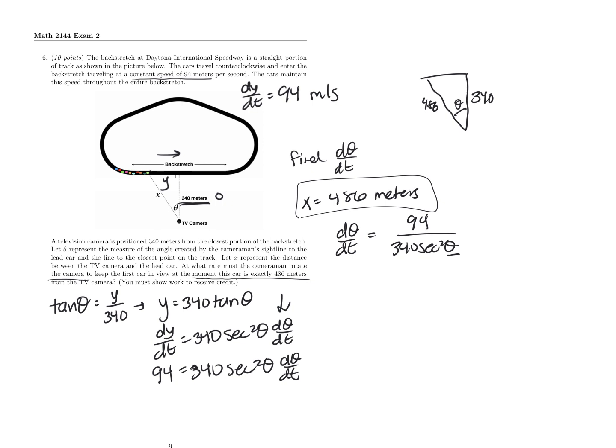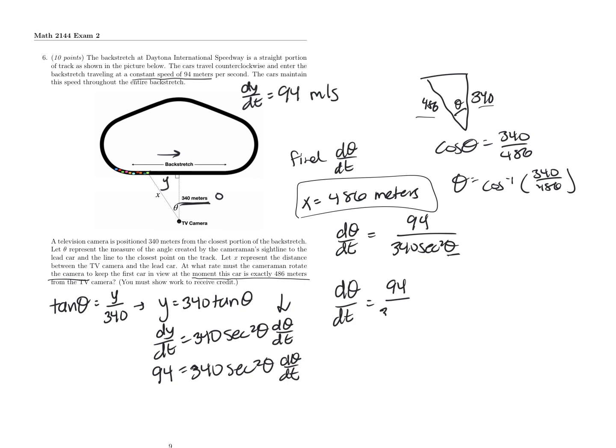And so we can solve for theta using these two side lengths, using cosine. It's going to be 340 over 486. So theta is going to be arc cosine of 340 over 486. And so d theta/dt is equal to 94 over 340.